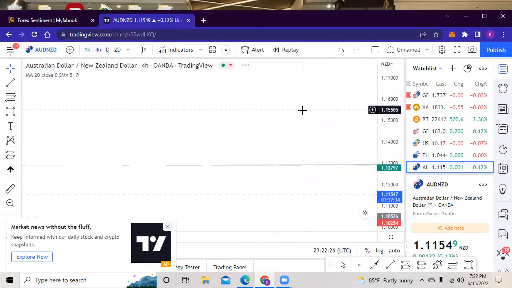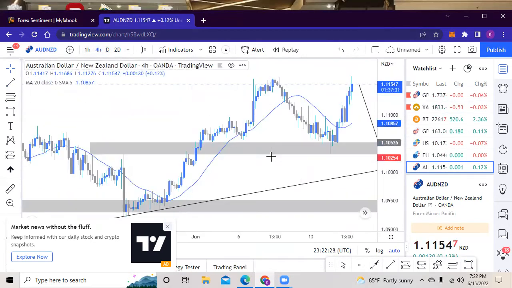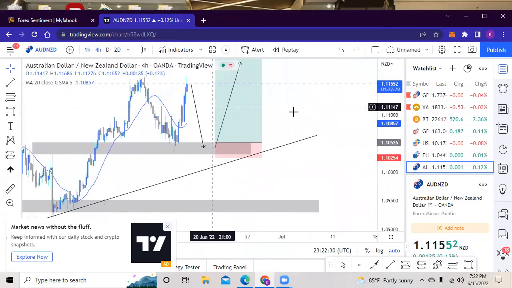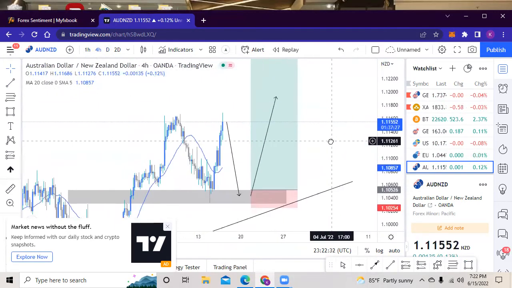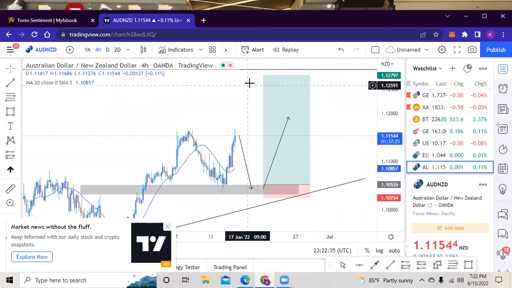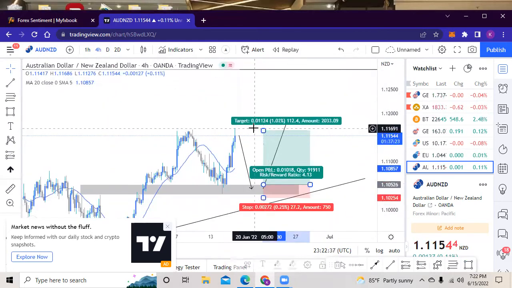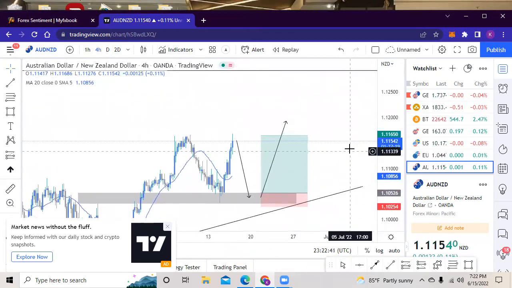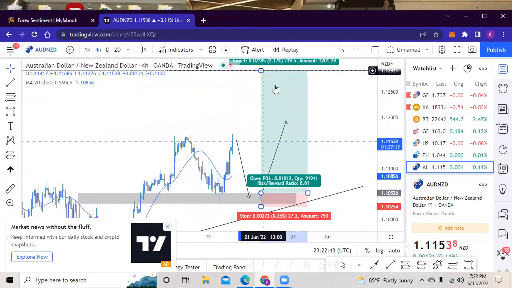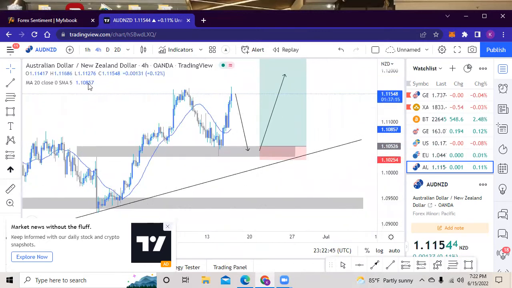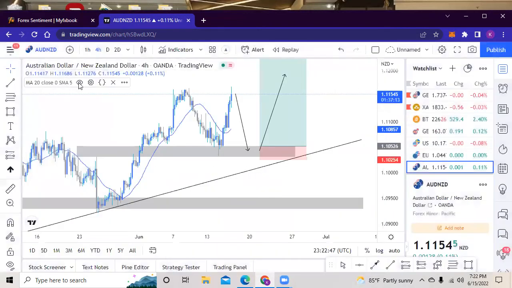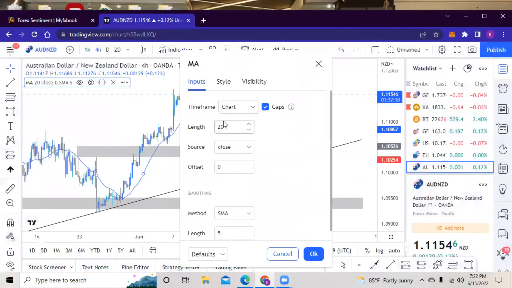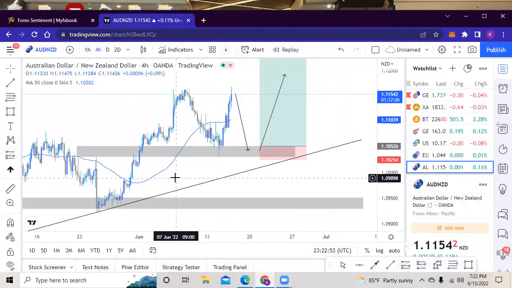Right now, we're just going to go with what we see and just target. You can either target this, which is a 1 to 4. You can target up here. You could also use your moving average just to help you gauge the trend as a lagging indicator.